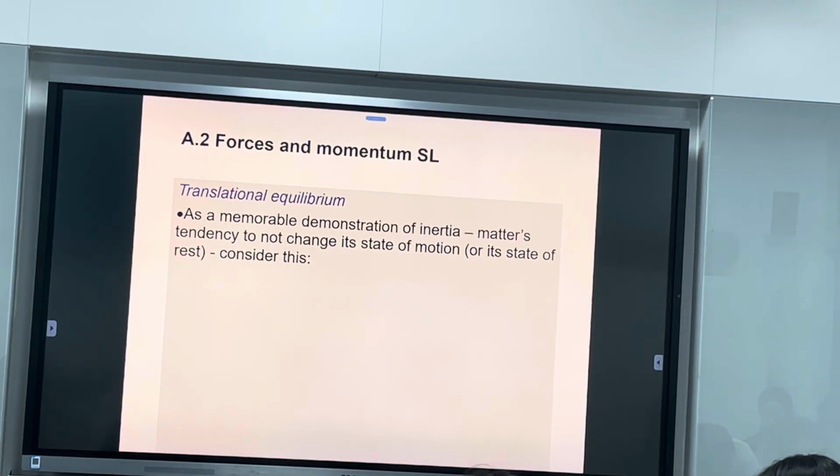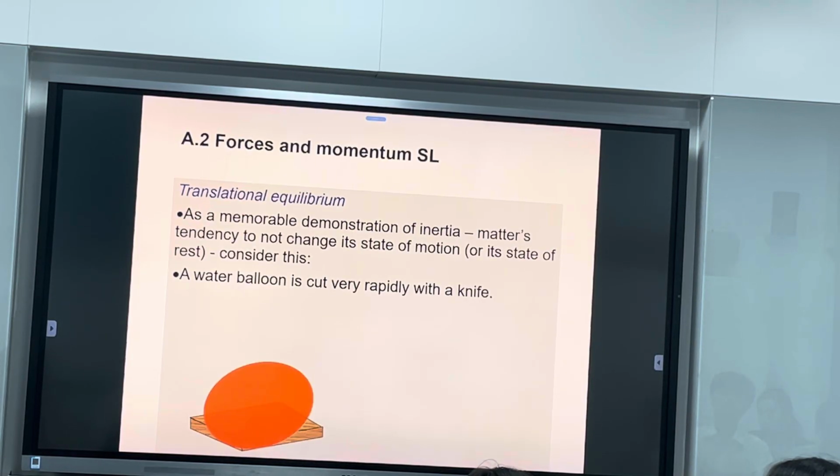So now, as we mentioned, inertia is the matter's tendency to not change its state of motion. For example, a water balloon is cut very rapidly with a knife. At the moment when the balloon is being cut, the water still has the tendency to maintain its original motion, which is at rest.